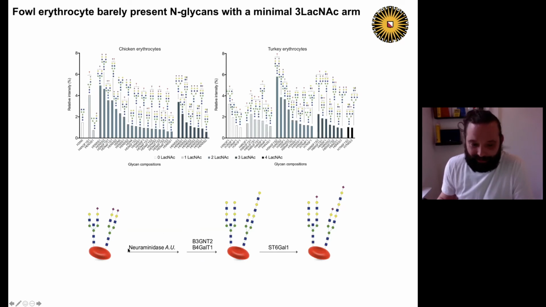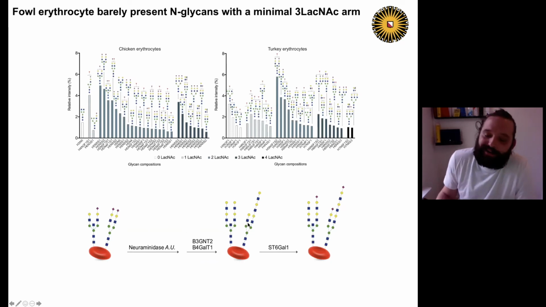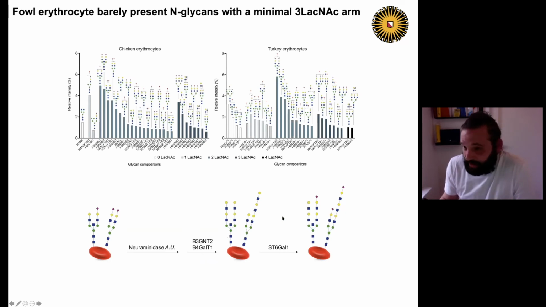While we were cleaving off sialic acids, at the same time, in a one-pot assay, we extended these arms with beta-3-GNT2, a glucosaminyltransferase, and B4GalT1, which is a galactosyltransferase, to increase the length of the arms of these erythrocytes. And thereafter, we resialylated these erythrocytes again.